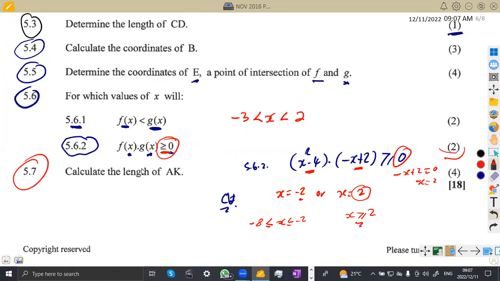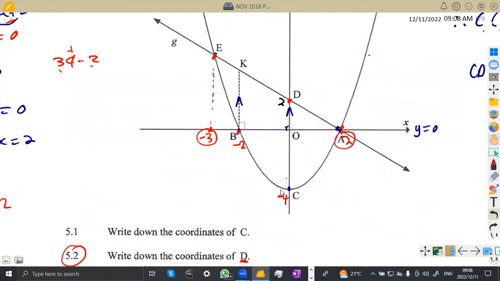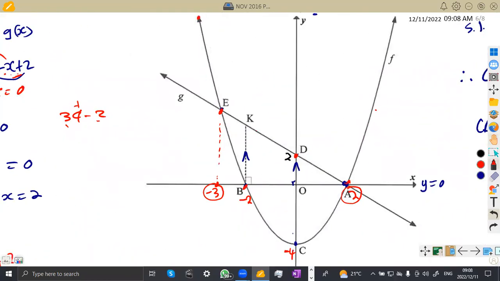Calculate the length of AK. So we need to find the length of AK. Let's check. We have our A and our K on the diagram. Our A is at this point and our K is at this point. Remember we are told that this is parallel to the y-axis.